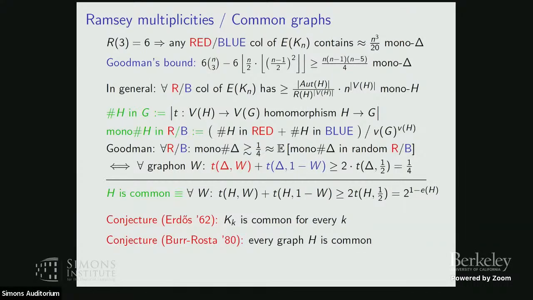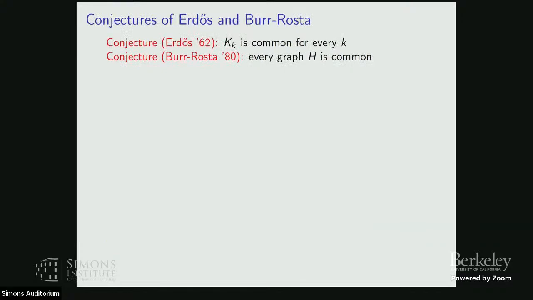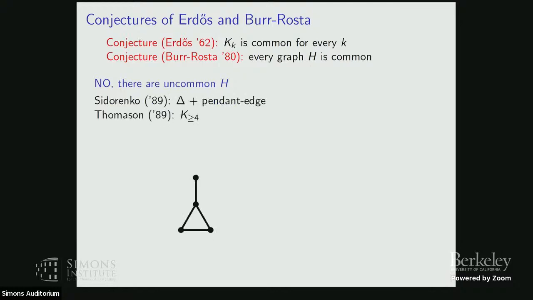These are the two conjectures, and we now know that both of them are wrong. Actually, the conjecture about complete graphs starts being wrong as soon as k is at least 4. So apart from the trivial cases and the triangle, there is no other complete graph that is common.